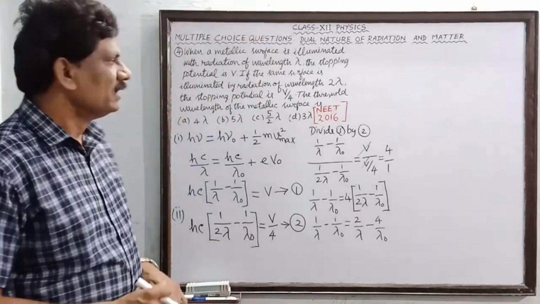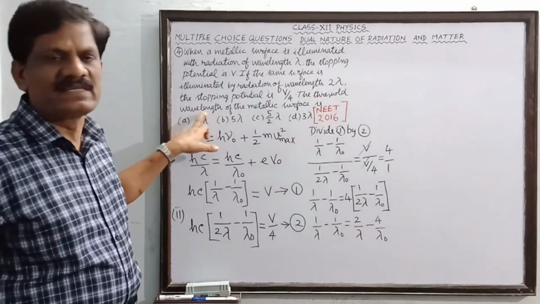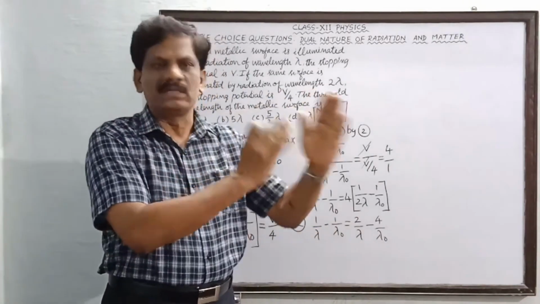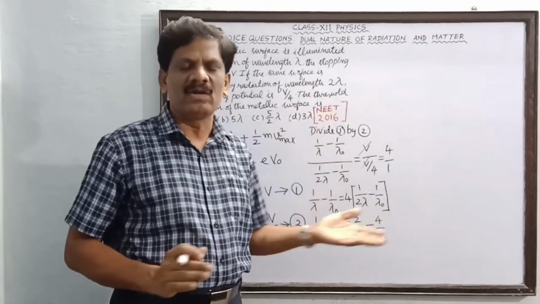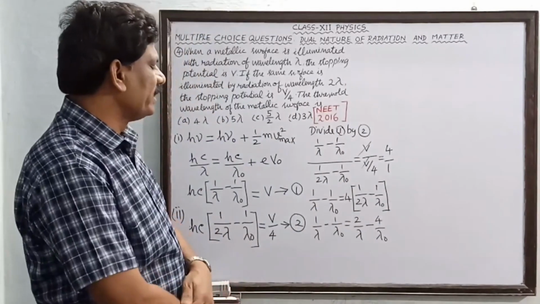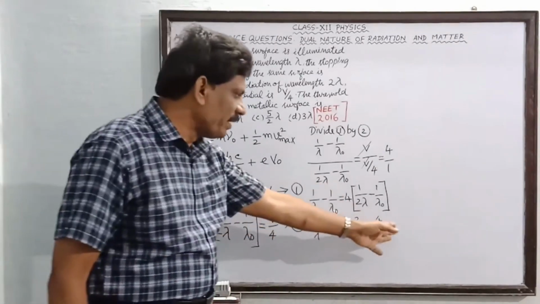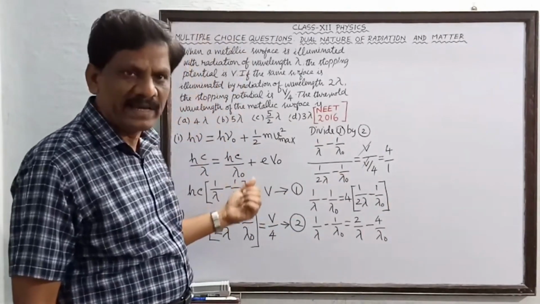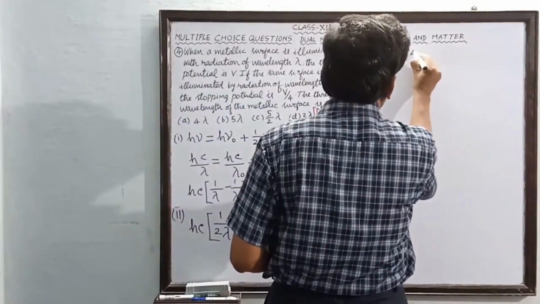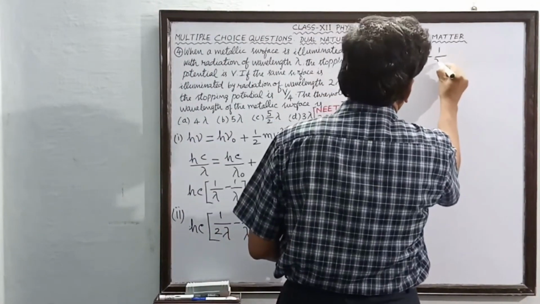Okay, students. Now what is asked here is the threshold wavelength. What is the symbol for threshold wavelength? It is lambda naught. So I am going to group the terms such that one side is lambda naught, the other side is lambda. I take minus 4 by lambda to the left side, where it becomes 4 by lambda naught minus 1 by lambda naught.